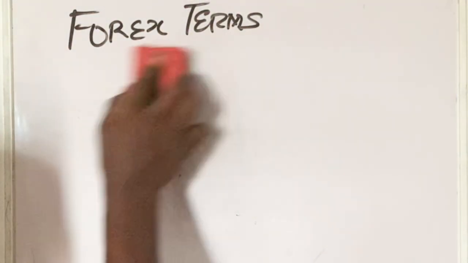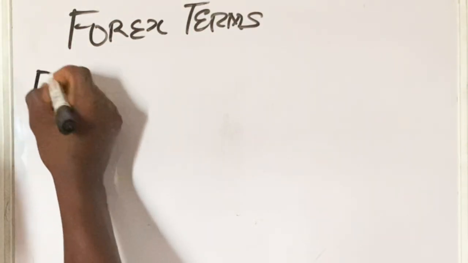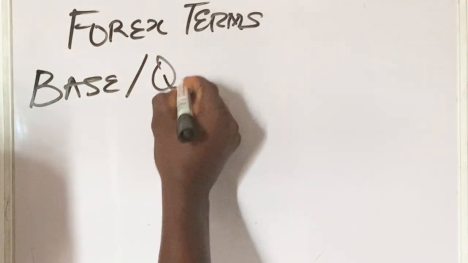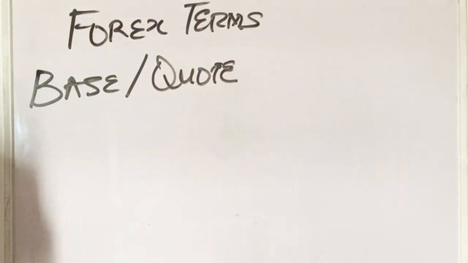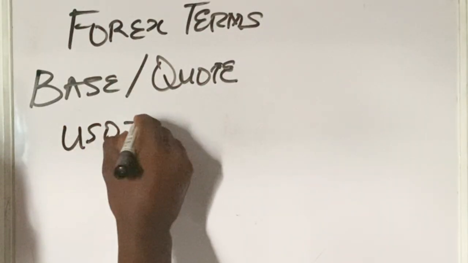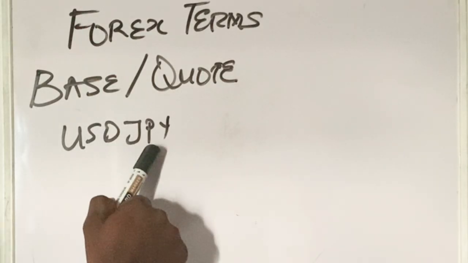The next one we have is base and quote in trading. So we have base slash quote pair. In trading, after we have a currency pair like USD JPY, one of these is called the base and the second one is called the quote.